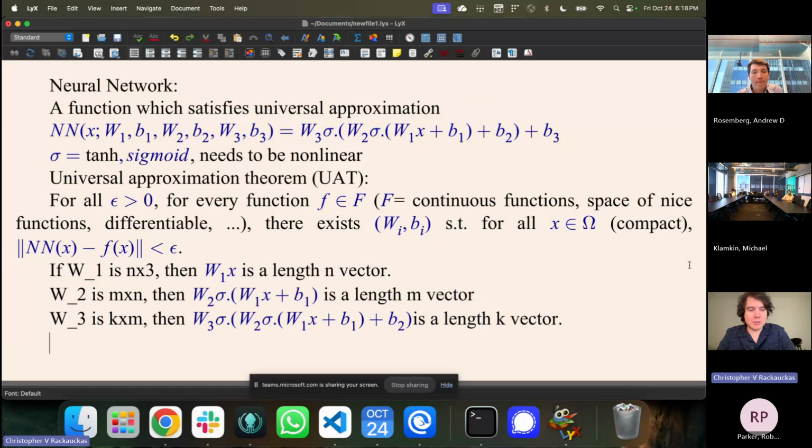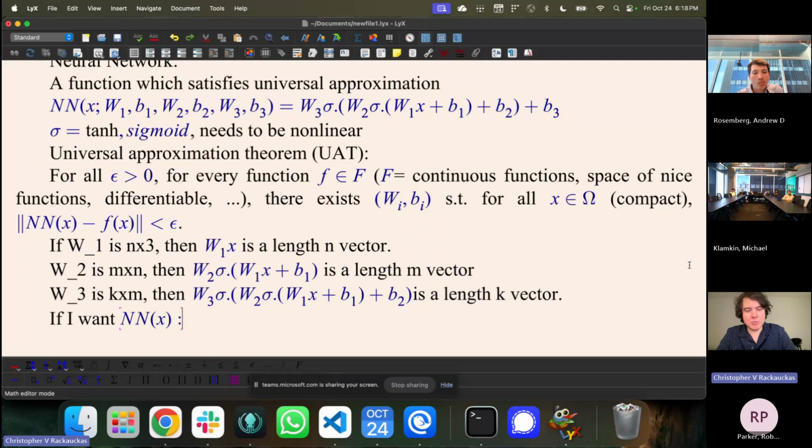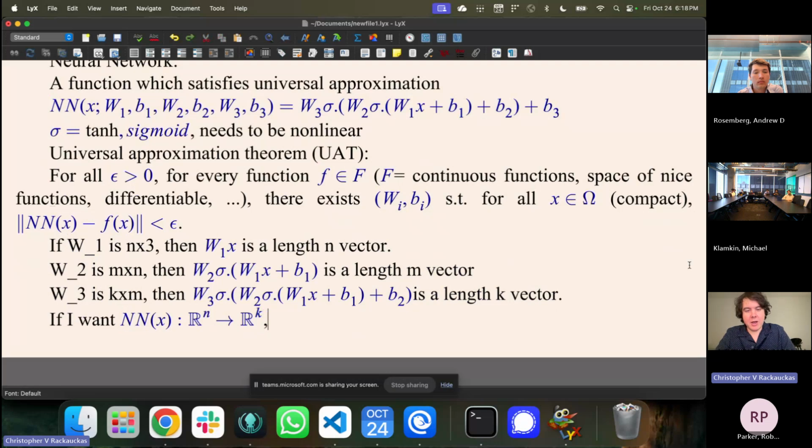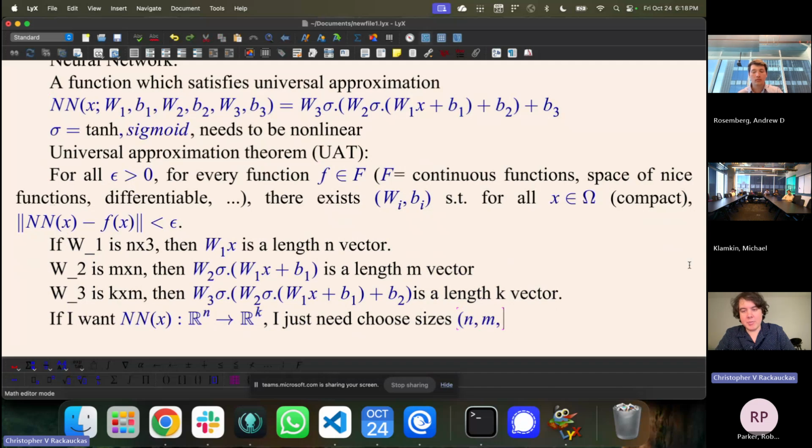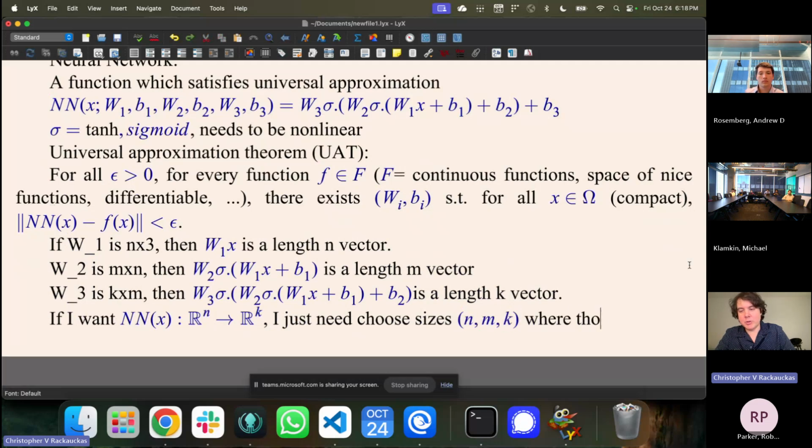So the key is, if I want N of x to be a function from R^n to R^k, I just need to choose sizes n, m, and k. Notice that m is arbitrary.